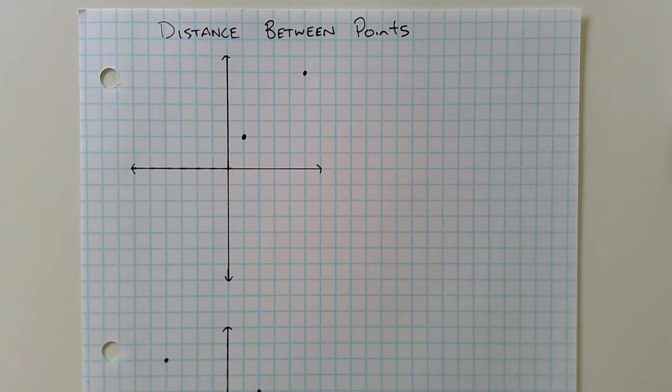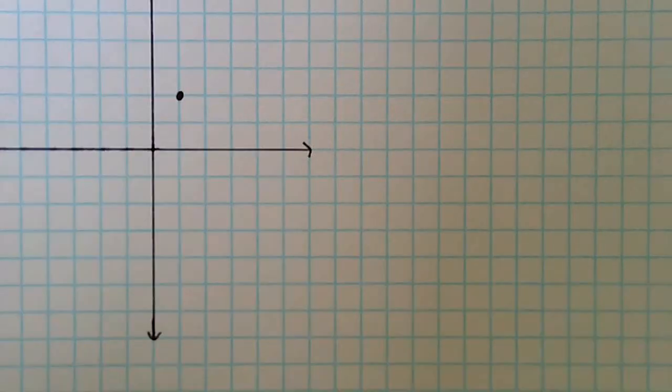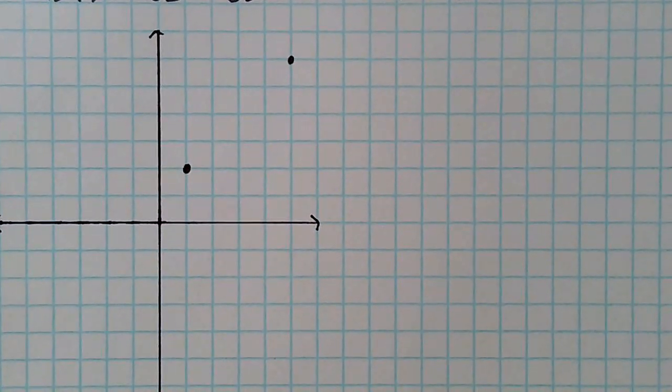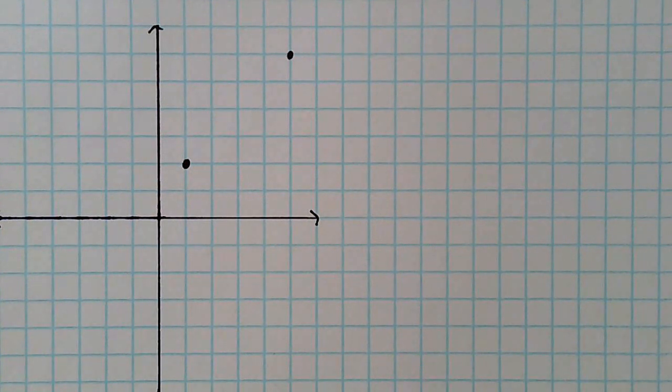All right, so I have a coordinate plane here. I'm going to zoom in. I'm not going to worry about the coordinates, the ordered pairs, right now. I'm just going to look at the points we have. I have 2 points, and I'm going to draw a right triangle between them. If I can create a right triangle, I can use the Pythagorean theorem.